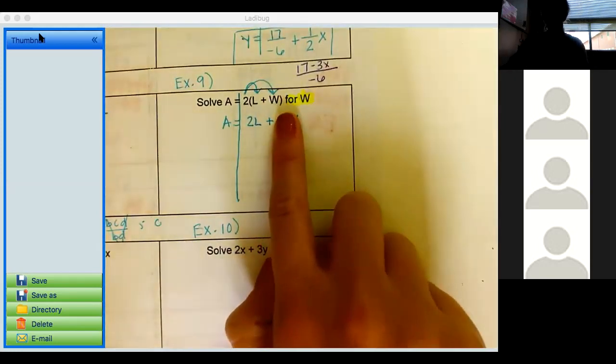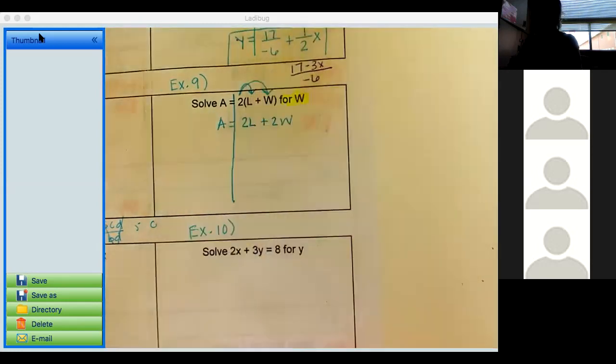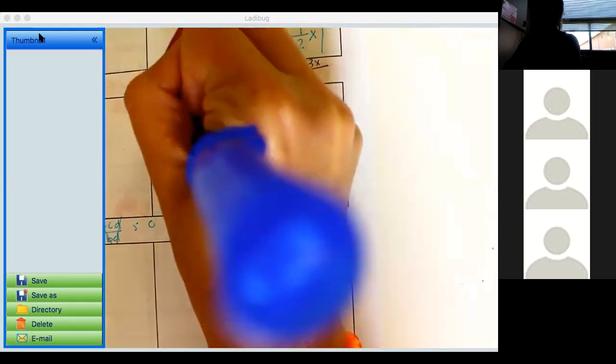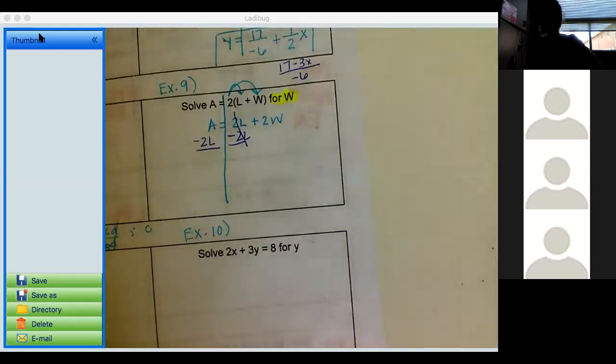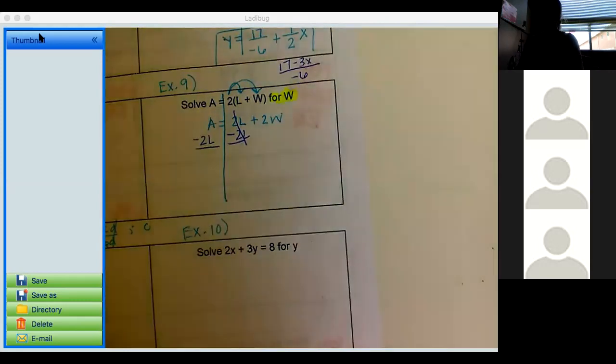What do I need to move? 2L, and right now it's adding, right? So what's the opposite of a positive 2L adding? Subtract it or make it negative. Very good. So minus 2L. Move it to the other side. We do inverse operations, right? That's a word on your vocab quiz. I just leaned in real creepy like.